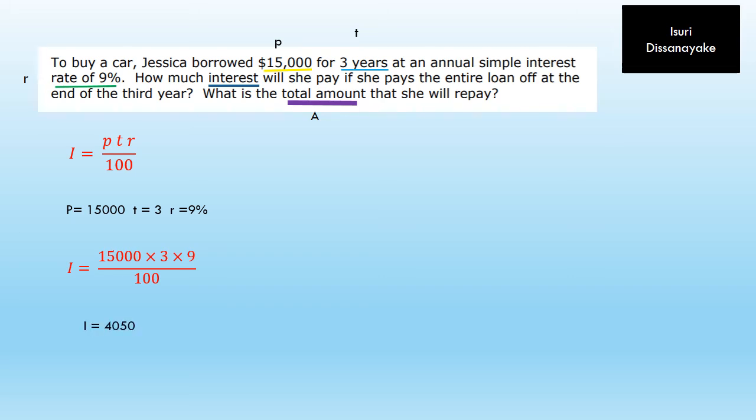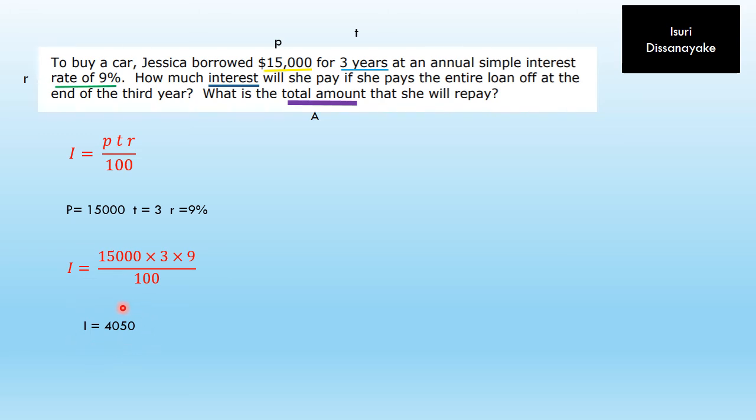So your interest is 4,050. For the amount you borrowed, 15,000, you have to pay an interest of 4,050.